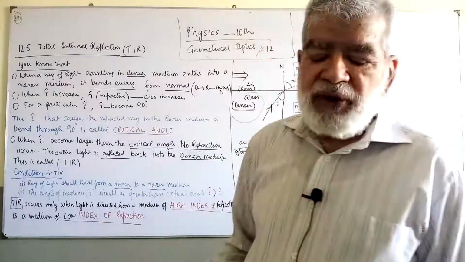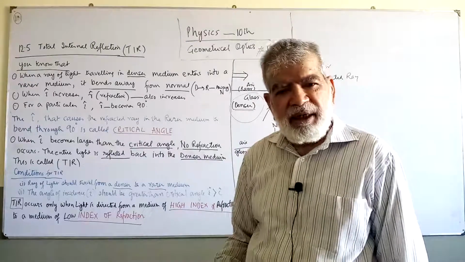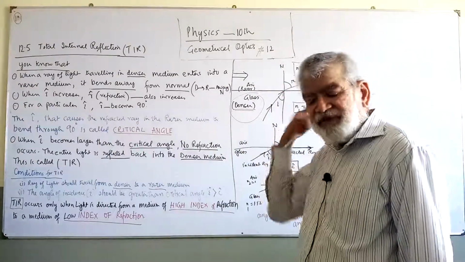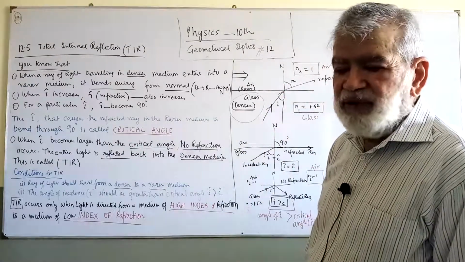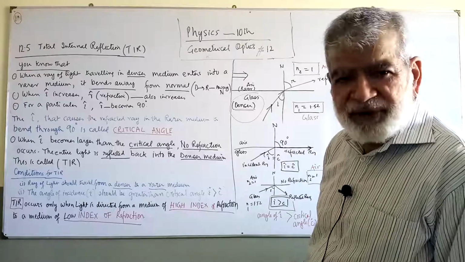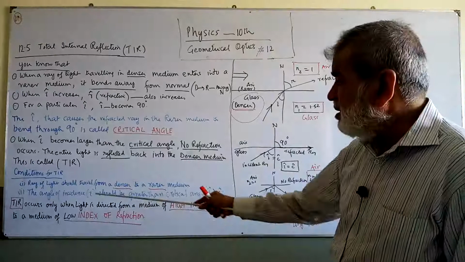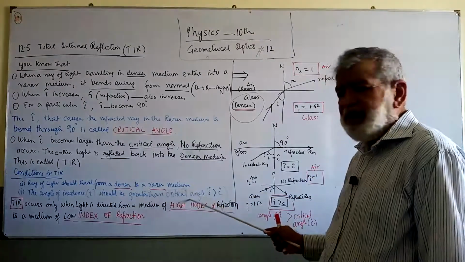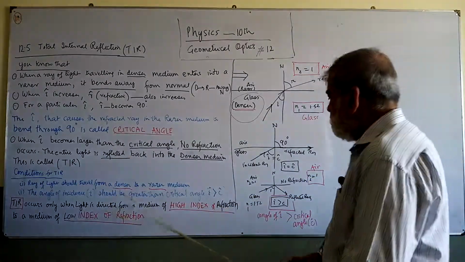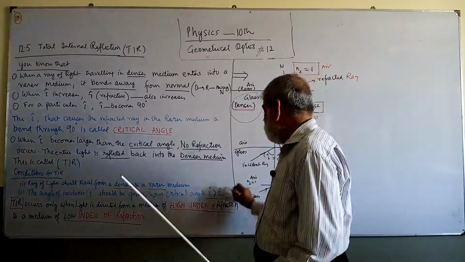Every medium has its own critical angle. For some medium it is say 42, for others it may be 41, 48, maybe 43. So the angle of incidence should be greater than the critical angle, that means i should be greater than C. This is the second condition.